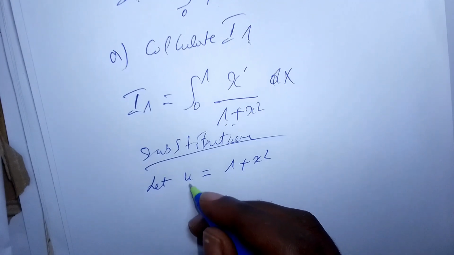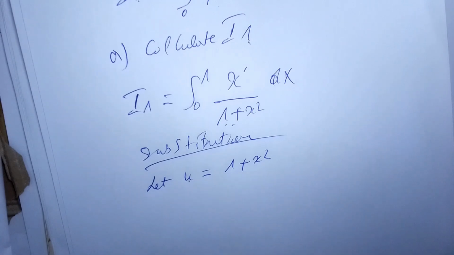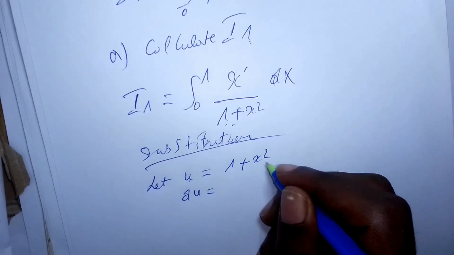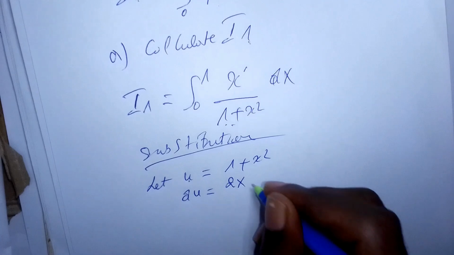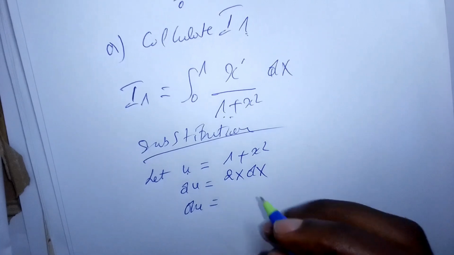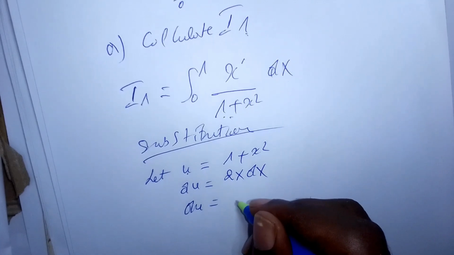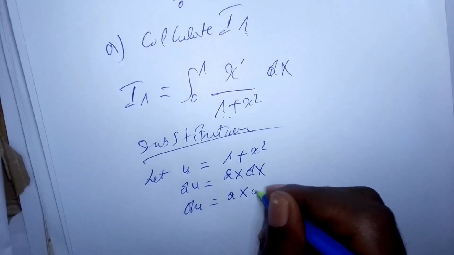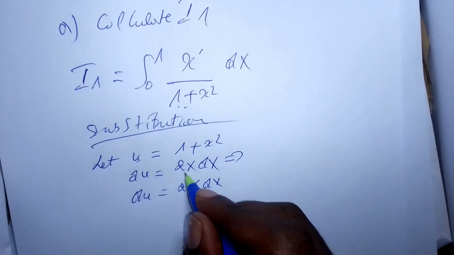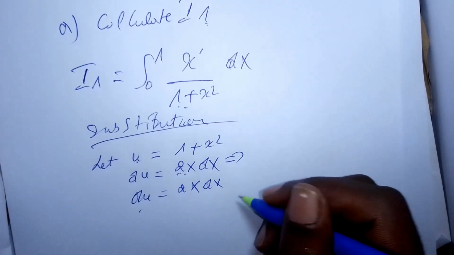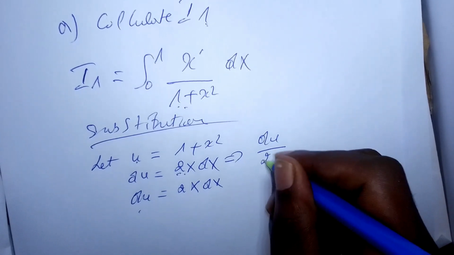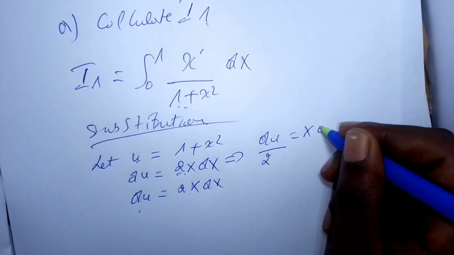Differentiating both sides, we find du equal to 2x dx. Putting the 2 on this side, we have du over 2 equal to x dx.